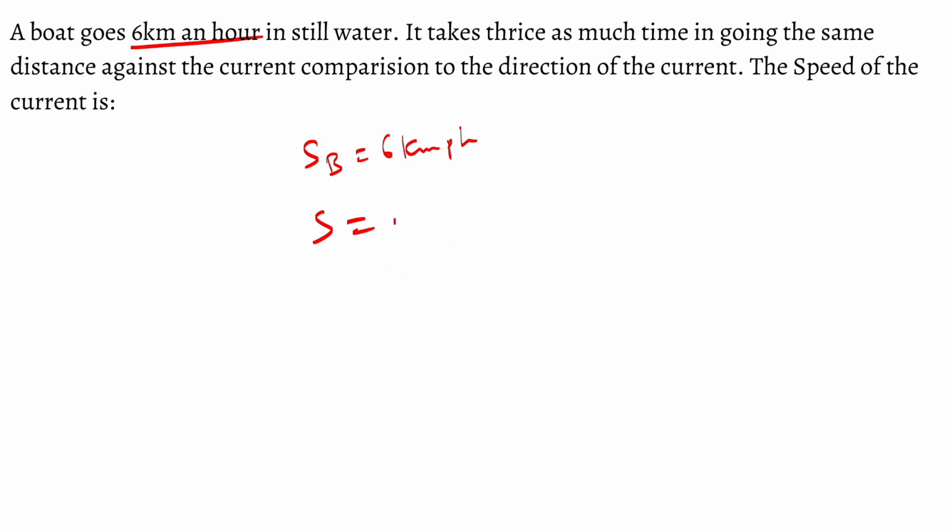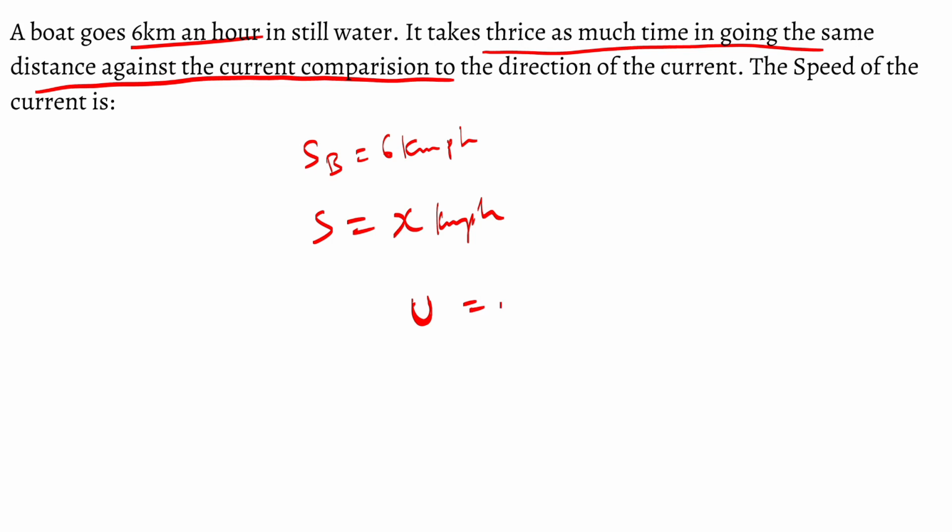But the speed of the stream is not given, so let us assume that to be x kilometers per hour. If we observe here, it takes thrice as much time going the same distance against the current. That means the upstream time is equal to thrice that of the downstream.